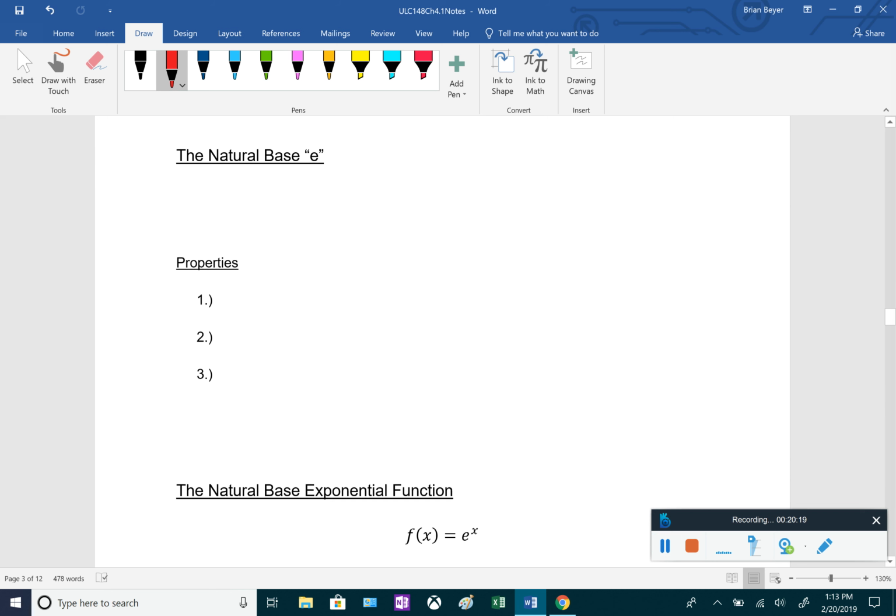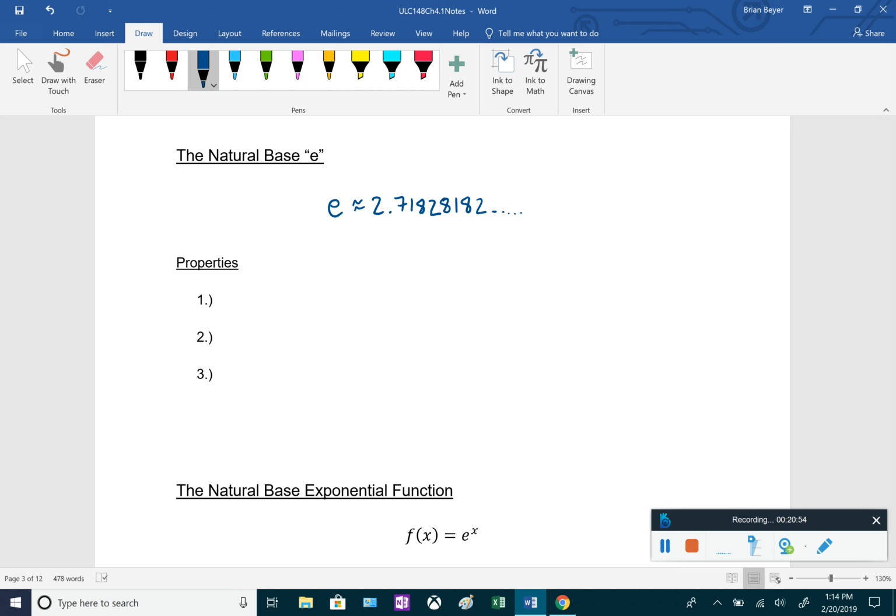Moving on to this next thing. Really, really important, these next few things here. The natural base e. e is just a number. It's just a constant. Just like pi, we just use a letter to represent it. e is approximately 2.7182818.